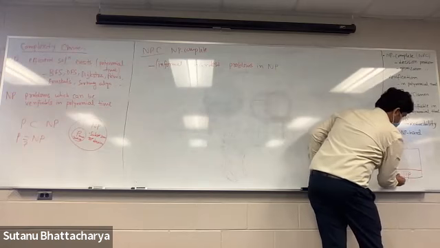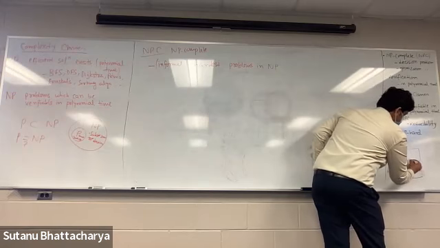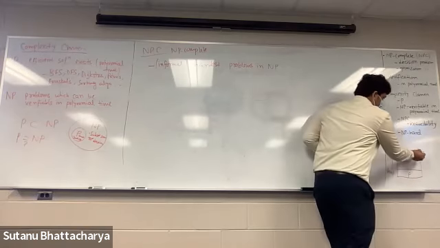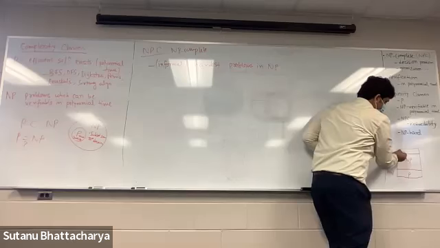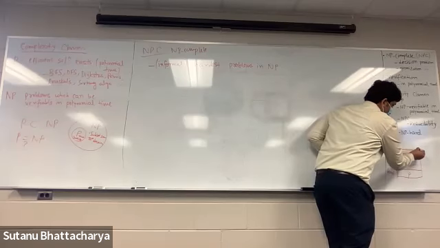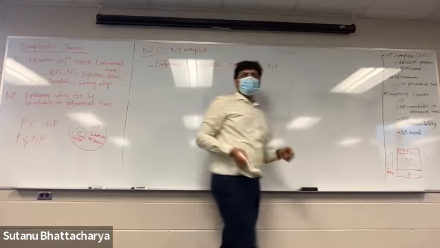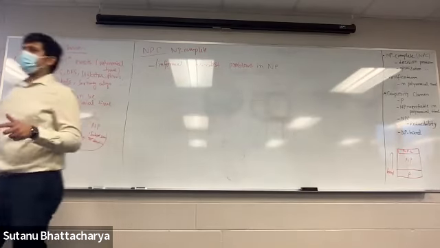This is your class P. Then this is your NP. The whole thing is NP. And the top part of this is NPC. This is the hardest part of class NP.